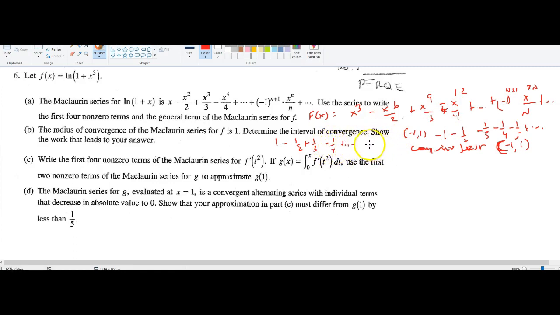Once I have that little pattern figured out, I would do an alternating series test, which is simply put, that a_n is always going to be greater than a_(n+1), and it's an alternating series, and the limit as n approaches infinity of (−1)^n times 1 over n is going to go to 0, so therefore it is convergent.